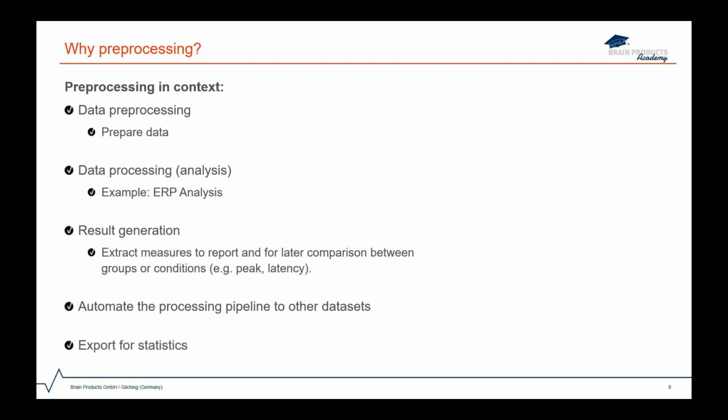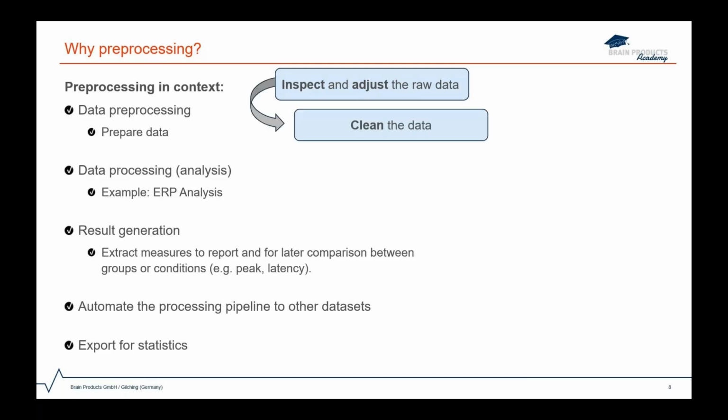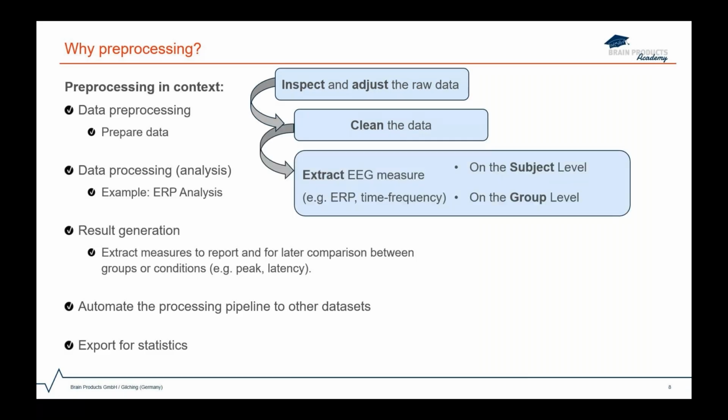Taking a closer look, we will inspect and adjust the data during the preprocessing and clean the data as well. Then for the preprocessing, we will extract our EEG measure at the subject and the group level.